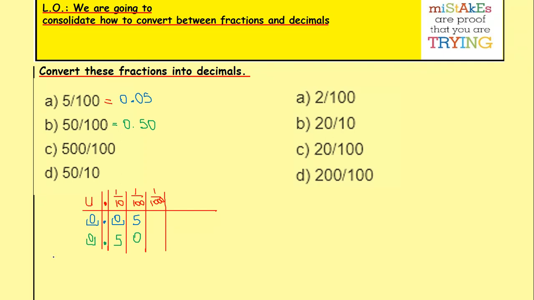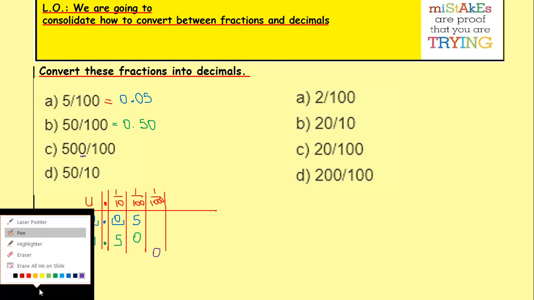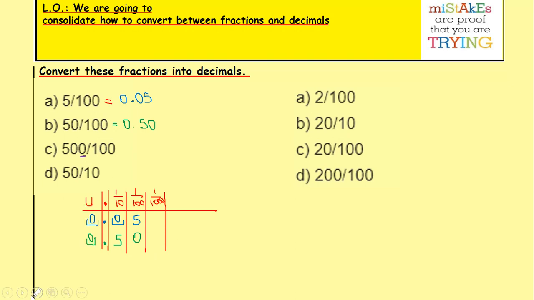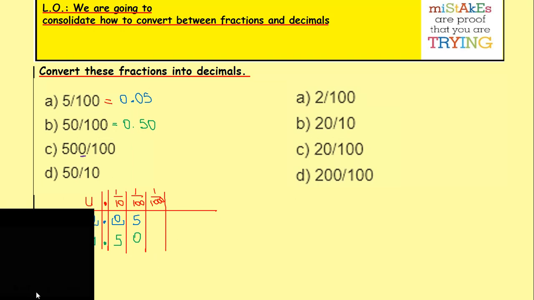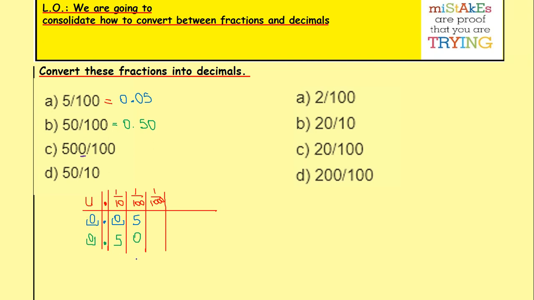Let's see one more. Okay, so let's say this one. I have 500 hundredths. Now I remember the last digit tells me the placeholder. So I need to put that 0 here, isn't it? Oh, sorry, hundredths. See? So go back. So we needed to put the last digit in the hundredths place, which is here. Now it says 500, so this is 0, 0, 0, 500.